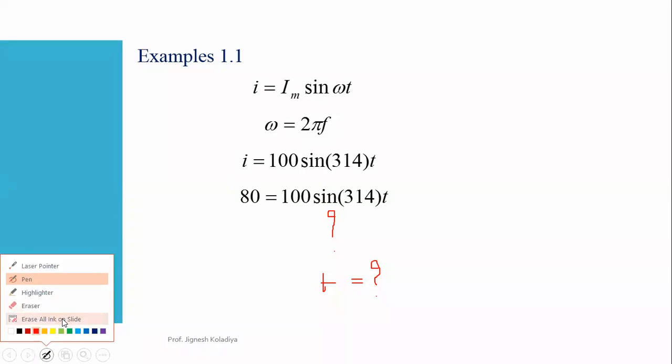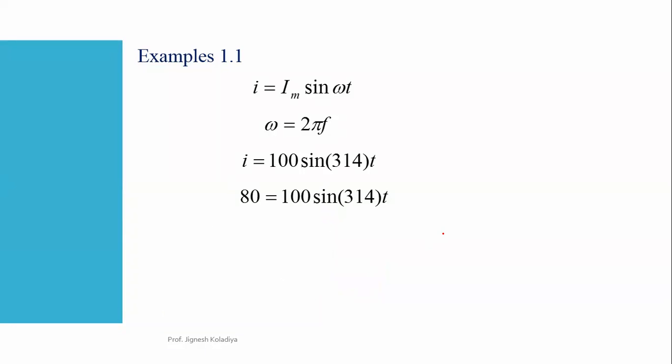So first of all, you can take this 100 on this side. So 80 by 100. Then 80 by 100, also take sine on this side. So what we are getting, sine inverse 80 upon 100 is equal to 314 into time t.